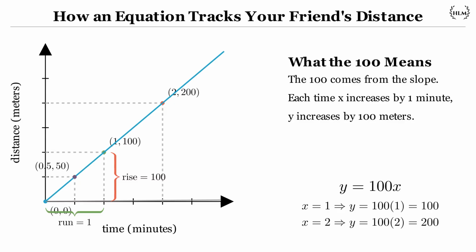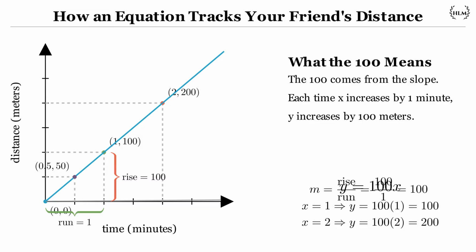It changed by 100. When x increases by 2, how much does the y change? 200. So the slope, the m value, is actually how much the y changes for every one change in x. So that's why the slope is also known as the rise over the run.